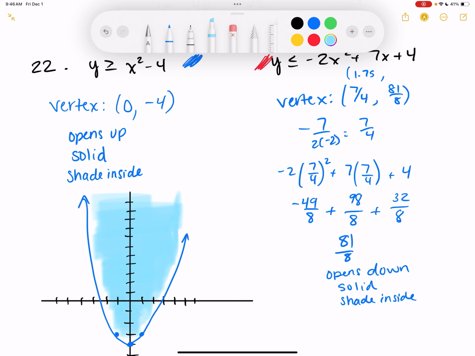Then for the other one, I've got a vertex at 1.75 and something a little bigger than 10. So up here, I'm going to use 0, which is at 4. And then I need to go that far away over here, which is generally speaking somewhere in there.